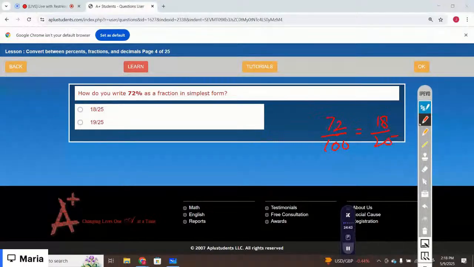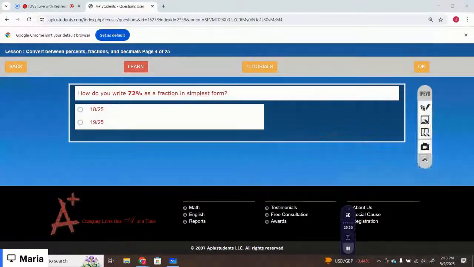Option number one is the correct option. That is 18 over 25.